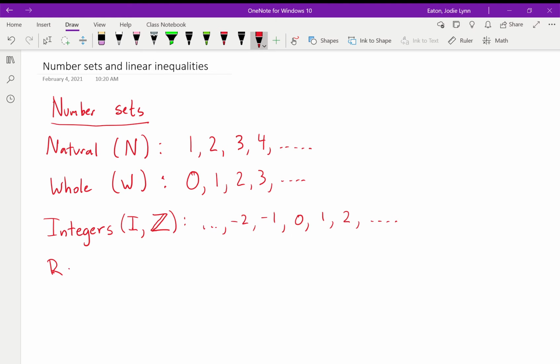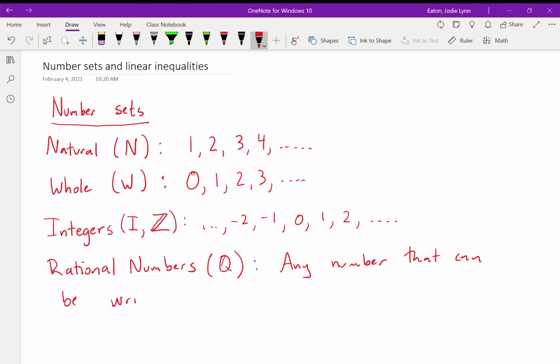We have our rational numbers. That is the next nested set of numbers, and we abbreviate that as Q. Sometimes you will see a little line across the Q. Our rational numbers are any number that can be written as a ratio between two integers.